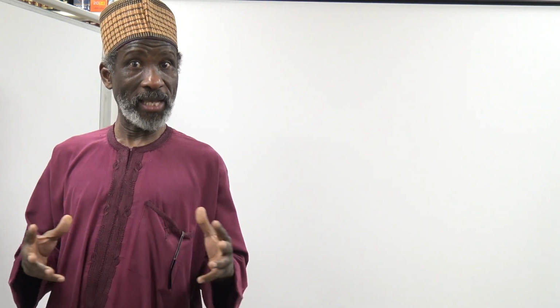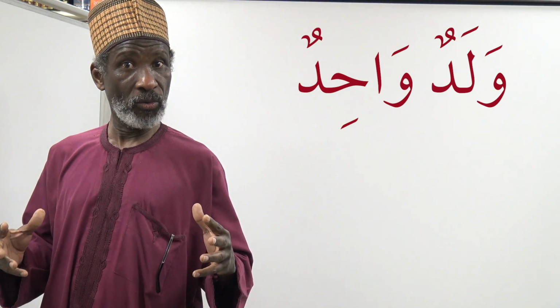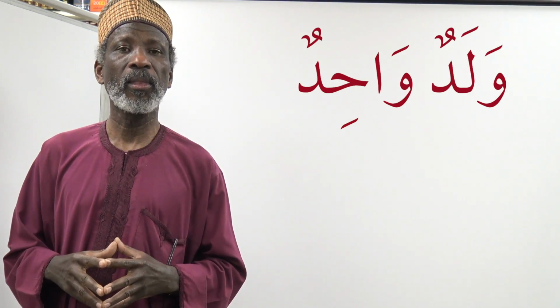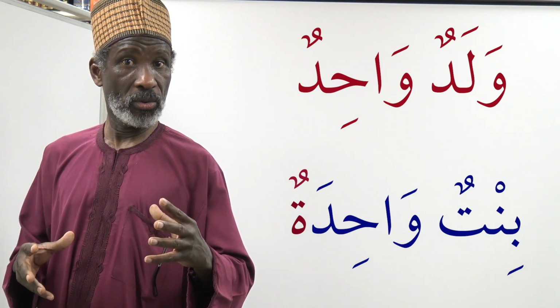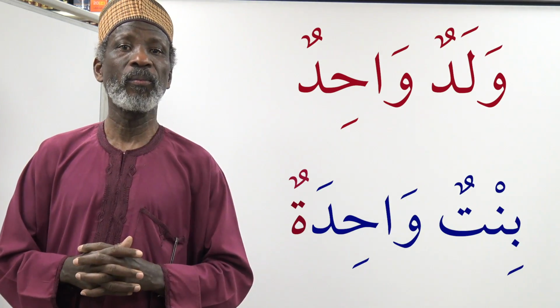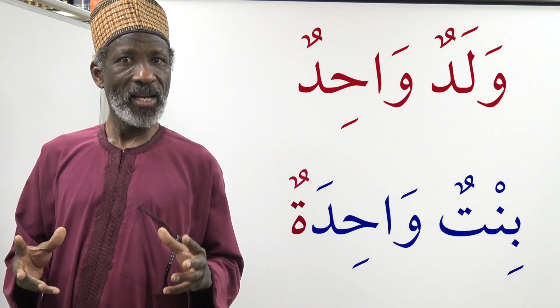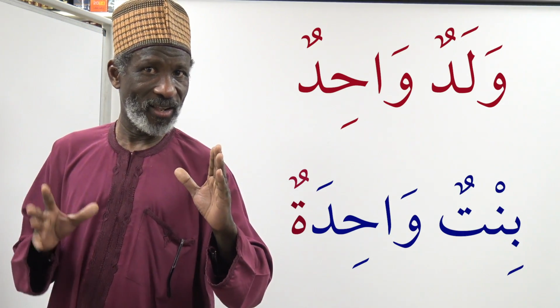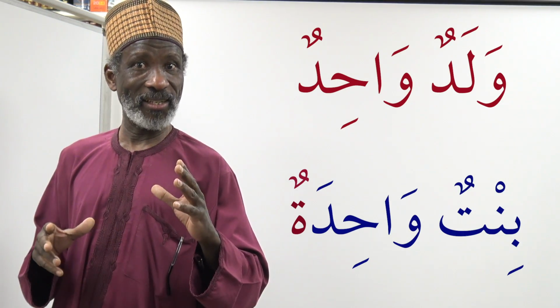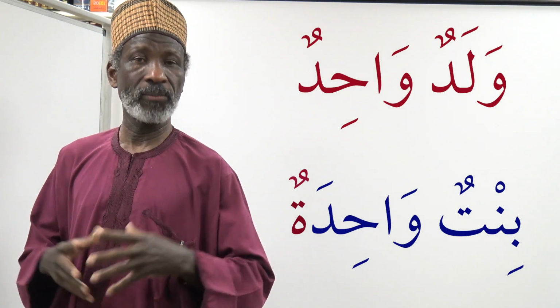Now, if you use number 1 and number 2, they need to come after the noun. You will say, waladun wahidun, one boy. Bintun wahidatun, one girl. Now, you will see that we put them after the noun and it's acting like an adjective.